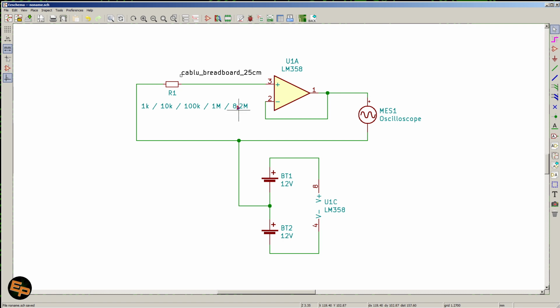But I did so on purpose, because the longer the cables that we are using, especially on the breadboard, especially for the input or for the ground, the bigger these problems appear to be, and the easier it is for us to perform such experiments and to see some meaningful results.